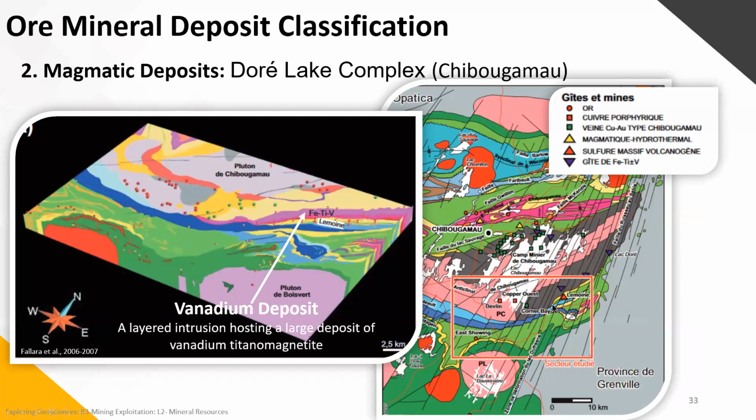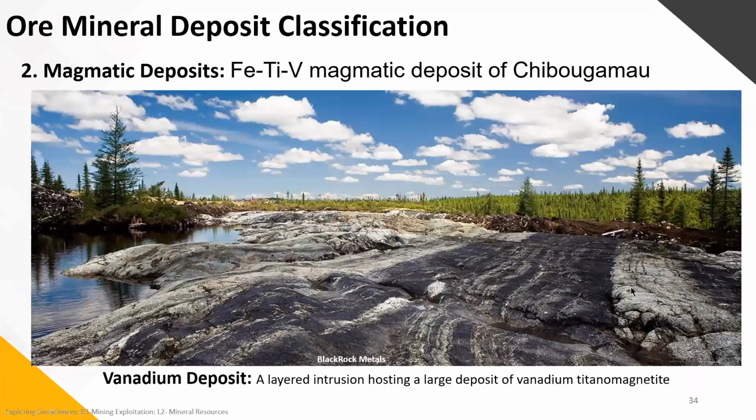It is basically layered intrusions hosting a large deposit of vanadium, iron, titanium. In the field, we have these spectacular outcrops showing the different banding here. The darker bands are our magnetite-rich bands, and the others are iron and titanium vanadium.